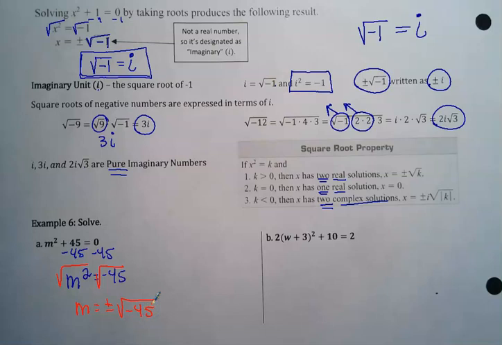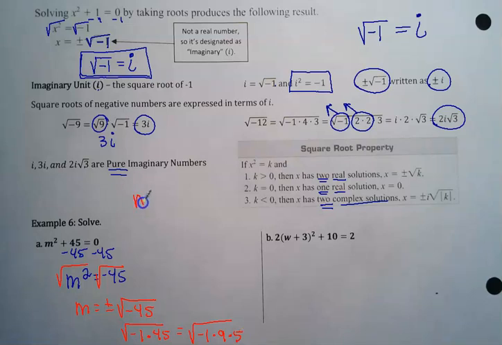It's that -45, the negative, that's throwing us. So remember, this is equivalent to the square root of -1 times 45. 45 is not a prime number, so we can do prime factorization, or you could say that's the same thing as the square root of -1 times 9 times 5, and 9 is a perfect square.